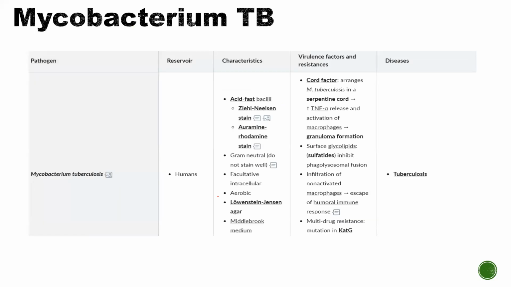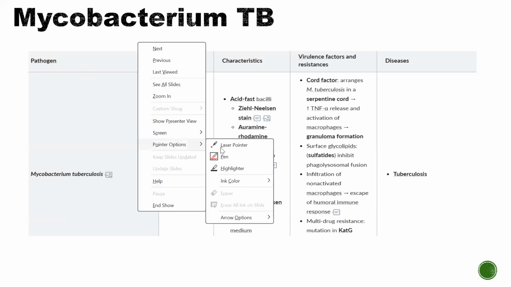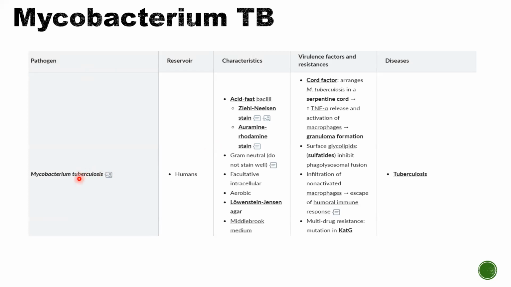So let's start with Mycobacterium tuberculosis. Personally, I used to confuse mycobacteria with mycoplasma all the time. A way to remember this is that Mycobacterium has B and T. This is the one that causes tuberculosis.